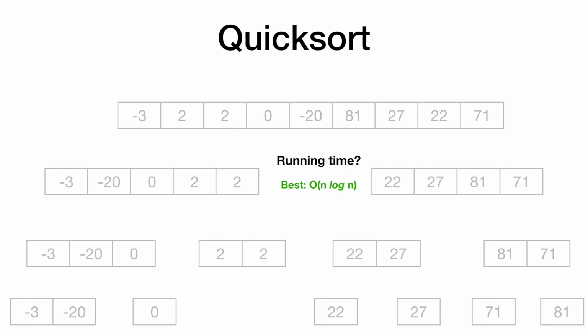So in that case, how deep is that tree? Well, in that case, the tree depth is n. So if the tree depth is n, if we're doing order n work at every level, then the worst case running time is n squared.